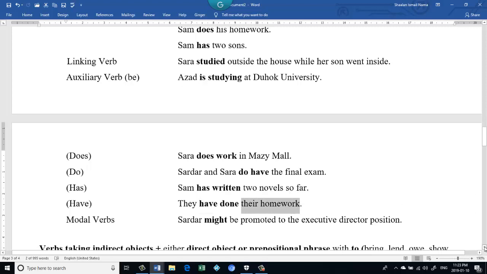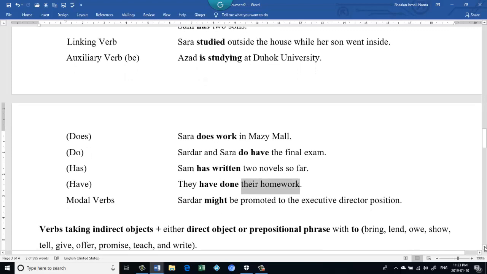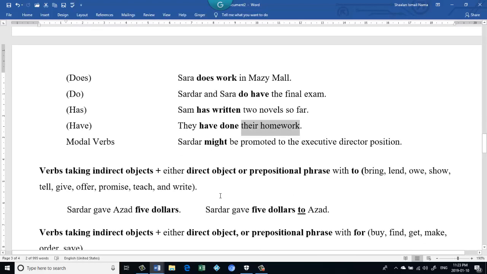Sometimes we could have a modal working as a main verb. For example, Sardar might be promoted to the executive director position. Sardar is the subject.